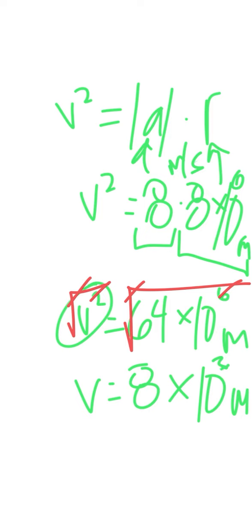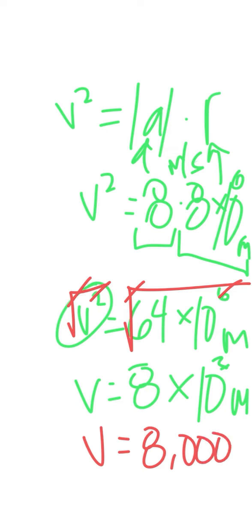Now that we have this, it's very simple to solve. Our v is going to equal 8,000 meters per second. And that is the velocity of the satellite that is going around Earth.